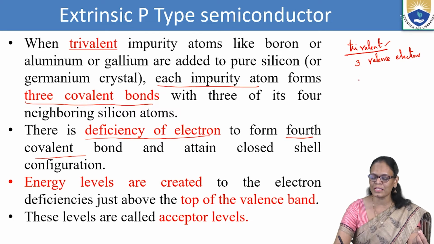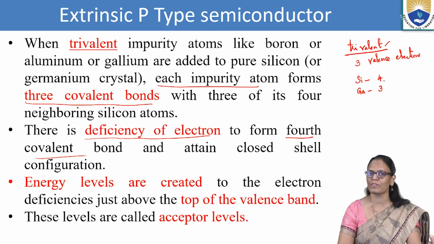So from silicon there are 4, and from the impurity that we are adding, gallium, indium, whatever trivalent impurity we take, it has 3 electrons. So these 3 are forming bonds with 3 electrons of silicon, and 1 electron is always vacant.